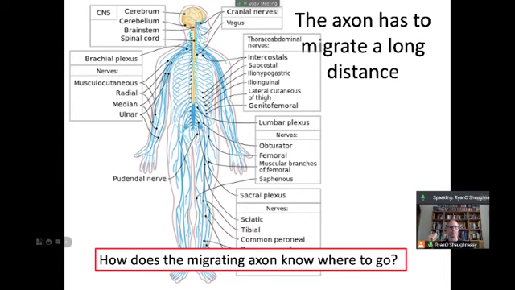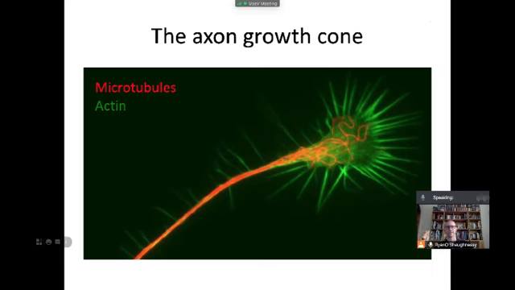How does the migrating axon know where to go during development? So here is the business end, if you like, of the axon. And this is called the axon growth cone. And if we have a look at key parts of its structure, the microtubules and actin, you can see that there are these actin spikes all over the place at the top of this axon growth cone.